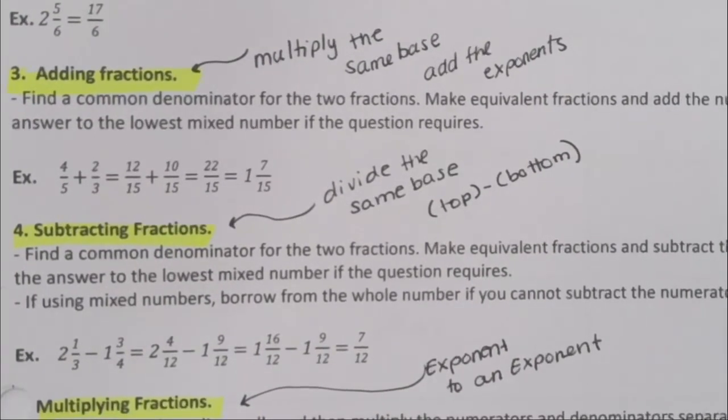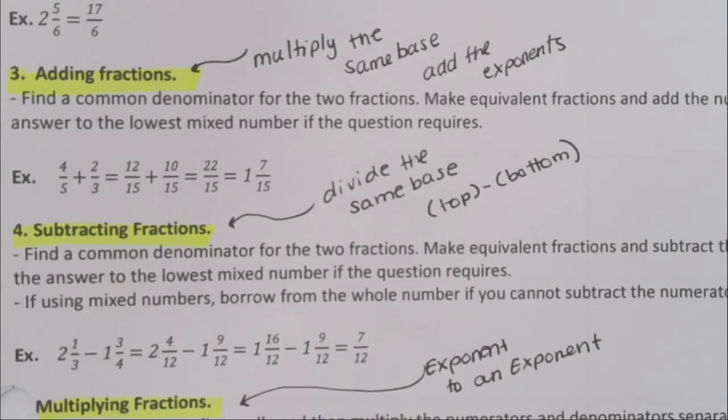Okay, so when you are adding fractions, that means you have the same base and you're multiplying that base together, so you add the exponent. So the properties are exactly the same. The only thing different now is we throw in fractions to complicate your life. That's it. So take a moment to write that down. And again, these are the same thing that you're doing when you had just regular integer exponents.